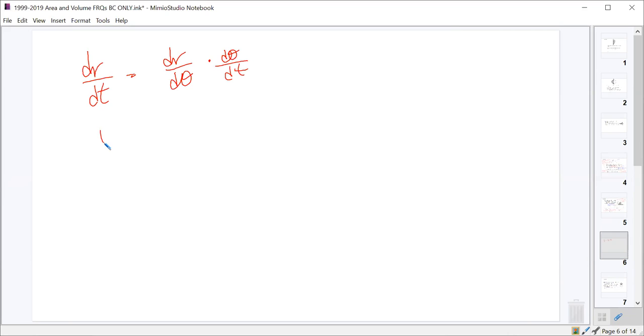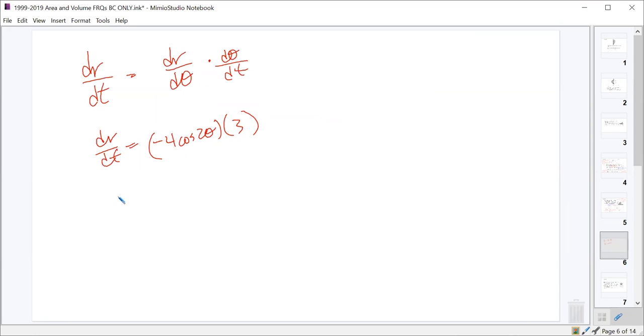And we're looking for dr dt. And we don't have dr d theta, but we can get dr d theta really easily. What should that be? Looks like it should be -4 cosine 2 theta. And then d theta dt was 3. And so then we'll just evaluate this at the theta value that they asked us for.